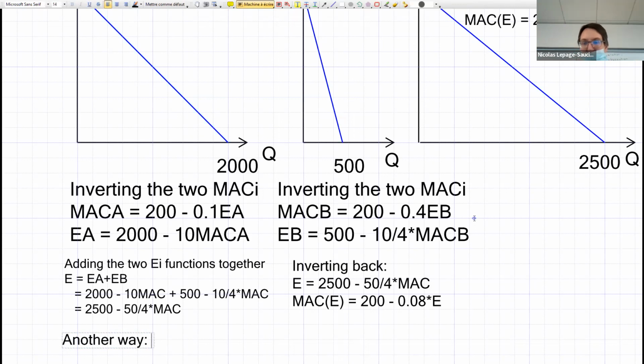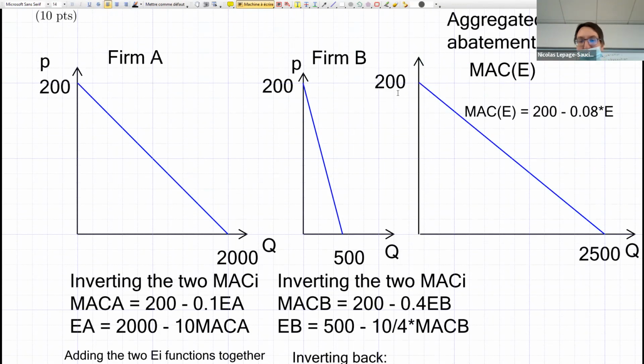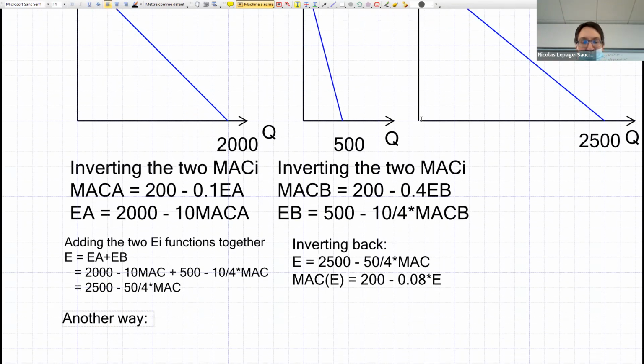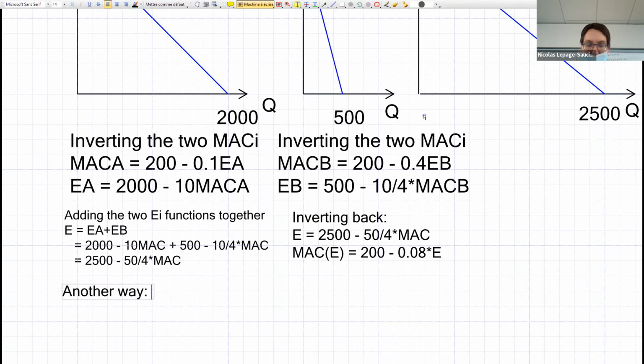You could say, I see here that this should start at 200. So I should have something like MAC of E equals 200 minus X times T. And I don't know what X is, but I know that when E equals 2,500, this should be 0.